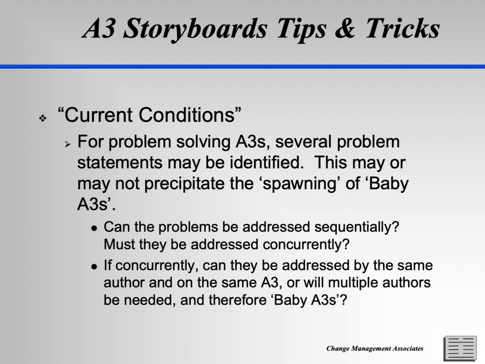If the various problems are substantial, are to be addressed concurrently, and require involving other people, then the creation of baby A3s should be considered. Otherwise, the author will be able to handle the multiple problems on the same A3. They can work on one problem at a time, coming back to the next problem once they get through the PDCA process for the first problem.